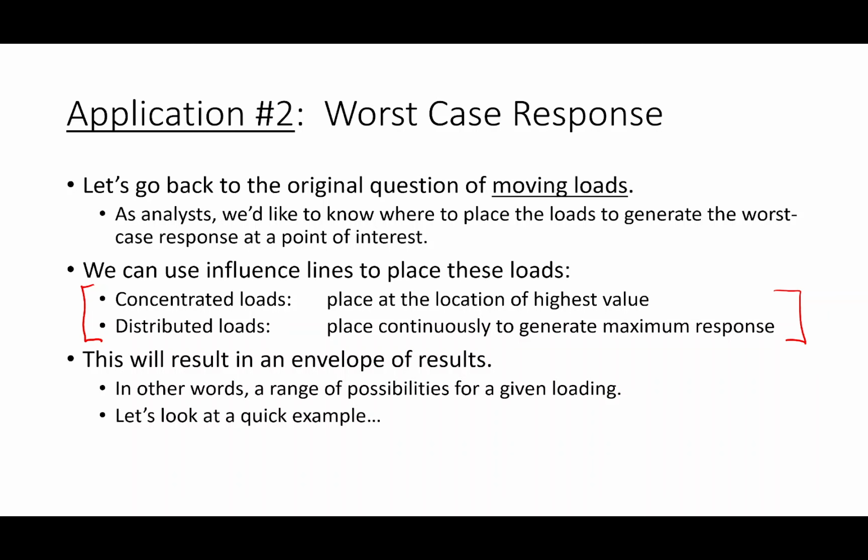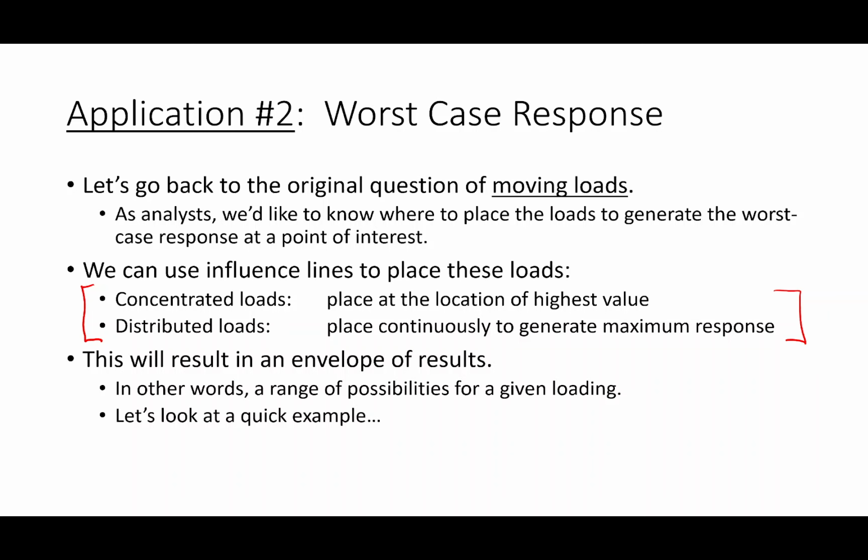So if I were to replace this with a moving 2 kip per foot distributed load, where do you put the 2 kip per foot distributed load? You put it everywhere, right? Because everywhere on the beam generates a reaction at D. And what is the reaction? 2 kips per foot times the area of the triangle, right? So for concentrated loads, place it at the location of highest value. For distributed loads, place it wherever you need to generate the worst case response.